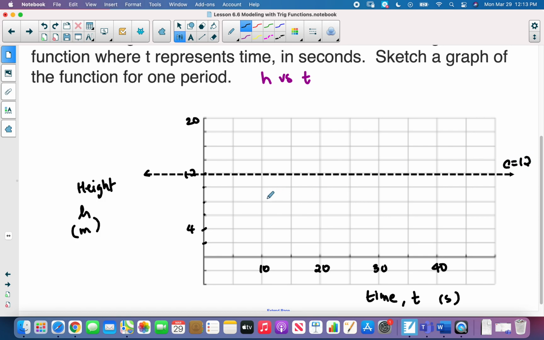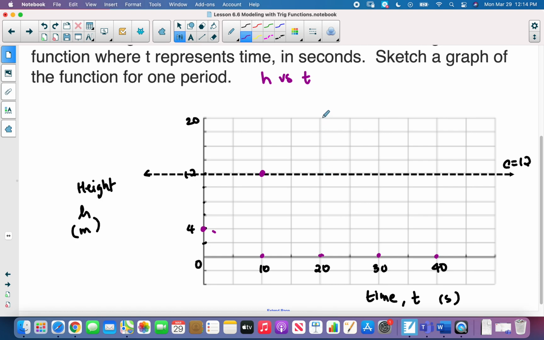And we have to sketch a graph for 1 period. So when you start the ride at 0 seconds, you're getting in from this point, right? And because you complete a cycle at 40 seconds, you're going to have changes happening at 10, 20, 30, and 40 seconds. So from here, it's going to go in 10 seconds to this point, which is at the equation of axis.